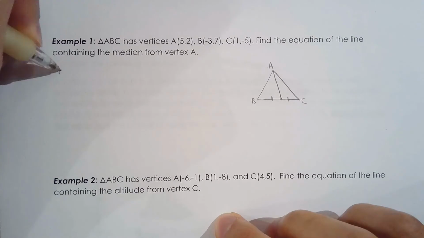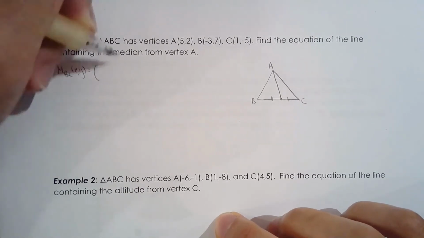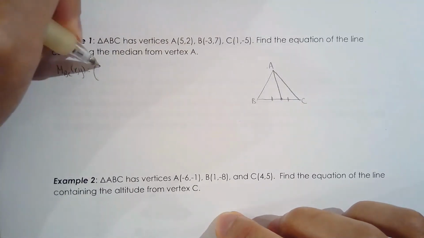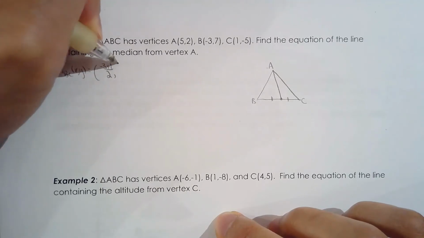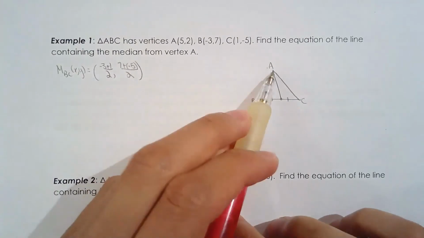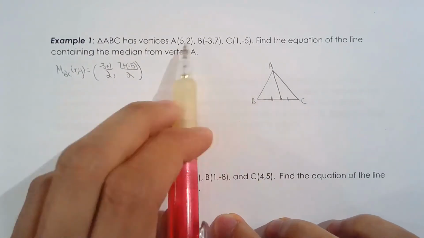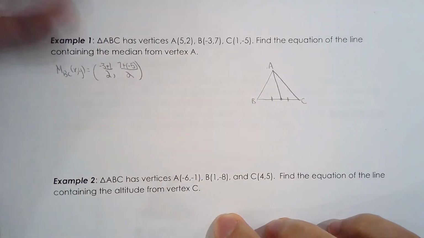So the midpoint of BC, you gotta remember that formula. Average the x coordinates, average the y coordinates. So -3 plus 1, 7 plus -5. Of course I know these points are not positioned correctly based on what they gave us here in terms of the coordinates, but I really want you to generalize. This is the strategy.